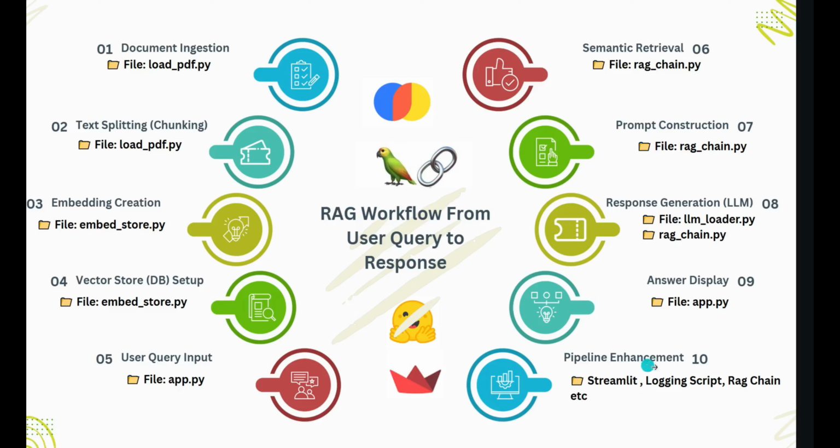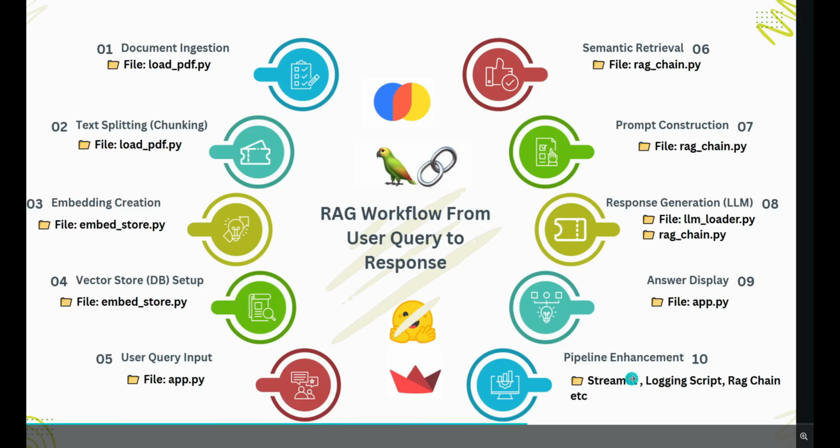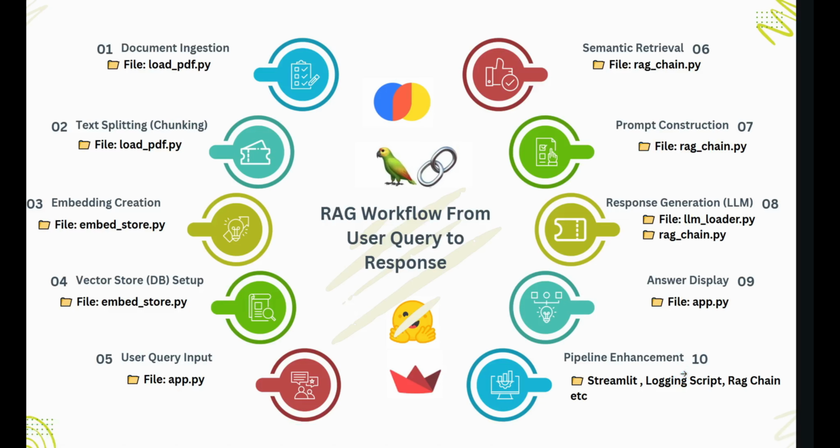Then for enhancement, we can enhance the Streamlit code, add a logging script, and enhance the rag chain and prompt template, many things, right? We can add the logging so that we'll understand where our system is failing, or maybe if it is skipping some steps, or whether it's working properly or not, right?